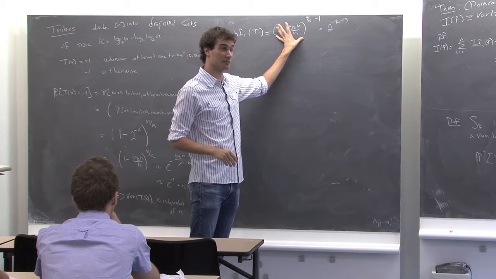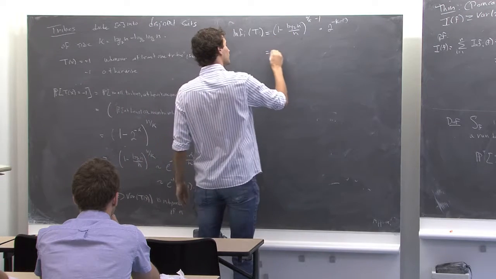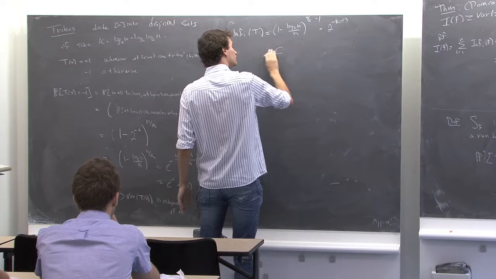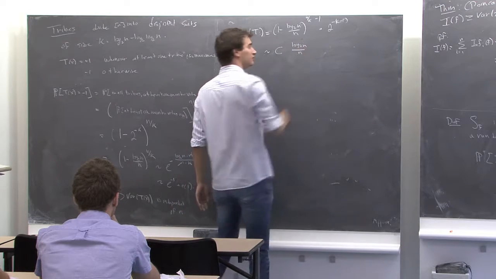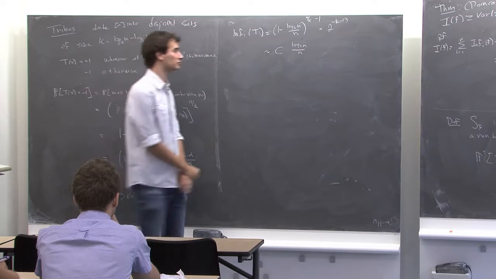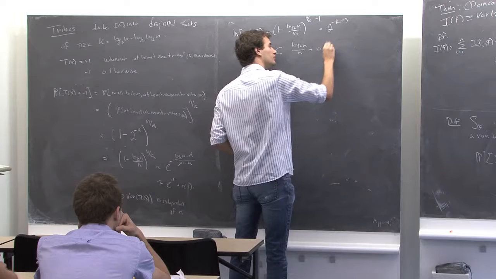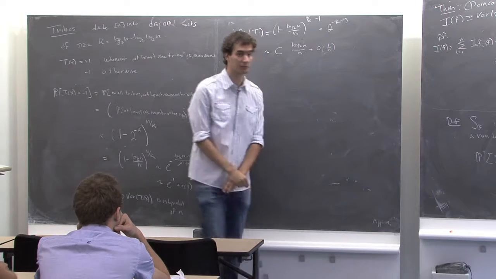This is a constant, the same computation as we have here, plus corrections of order 1 over n.